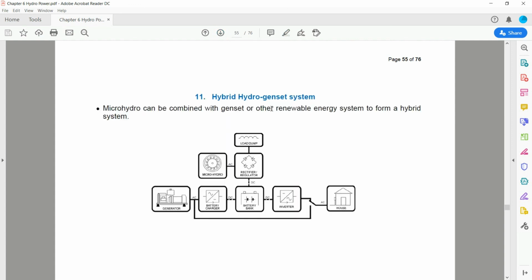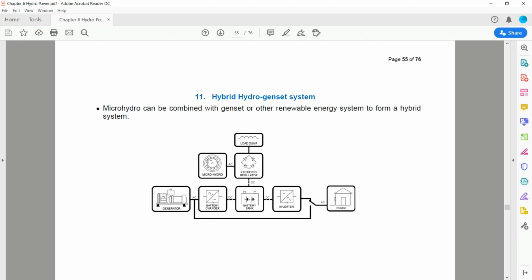So, hybrid hydro generator system. Micro hydro can be combined with a genset or other renewable energy systems to form a hybrid system. So for example here we have a generator combined with a micro hydro system and the battery.